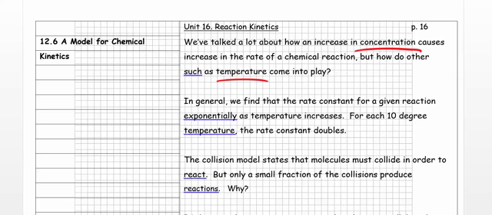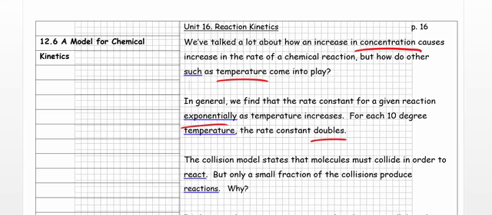If you increase the temperature, the rate constant goes up exponentially. So it doesn't just go up, it goes up a lot, right? In fact, for every 10 degrees increase in temperature, the rate constant and thus the rate doubles. That's just a rule of thumb, but it's nice to keep that rule in mind.